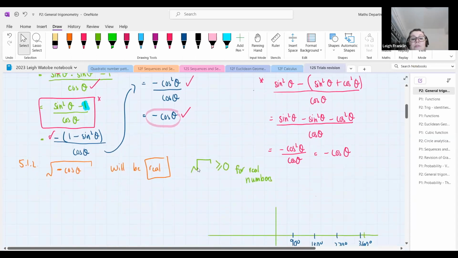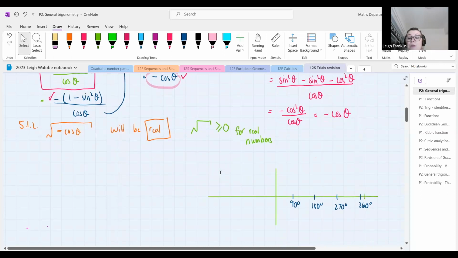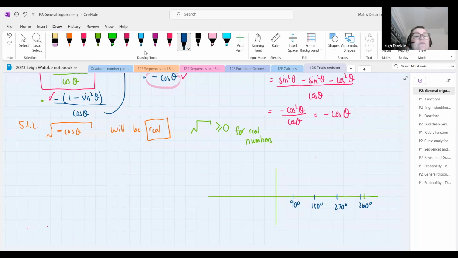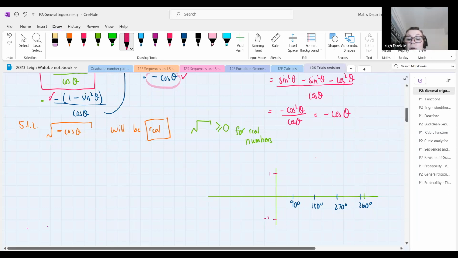So in other words, whatever goes inside this has to give us a positive answer or something equal to 0. Let's think about what the negative cos theta graph looks like. It's the cos x graph, except instead of starting up at 1, it's now starting at -1, going through 90.